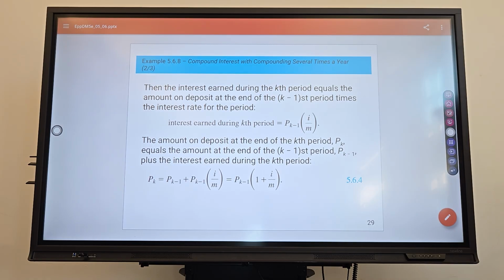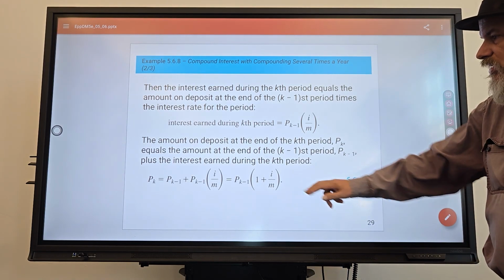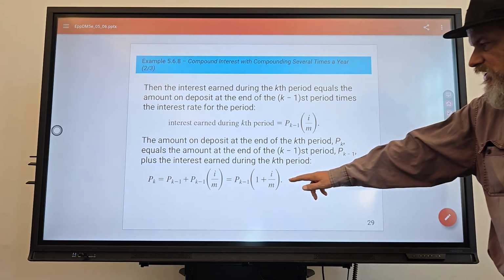The amount on deposit at the end of the kth period, P_k, equals the amount at the end of the (k minus 1)th period plus the interest earned during the kth period. So the recurrence relation is defined as follows.